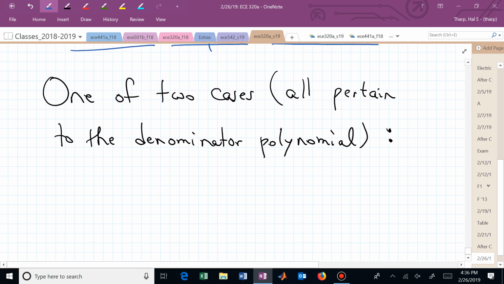I'm going to call all of these roots, for now in this discussion, p sub i's. And these roots of your denominator polynomial, that I'm calling p sub i, can be real or complex.